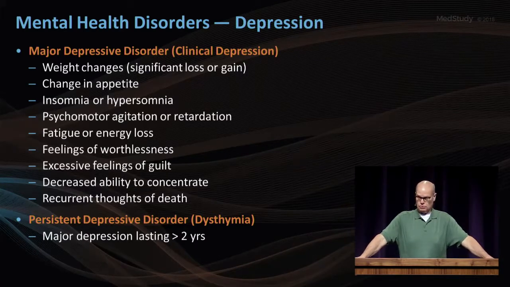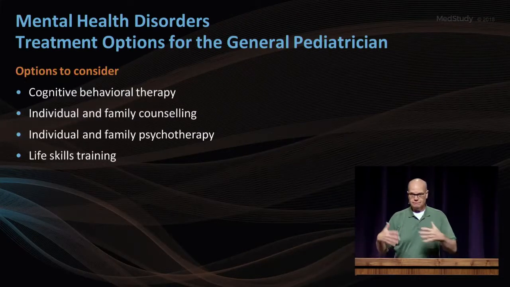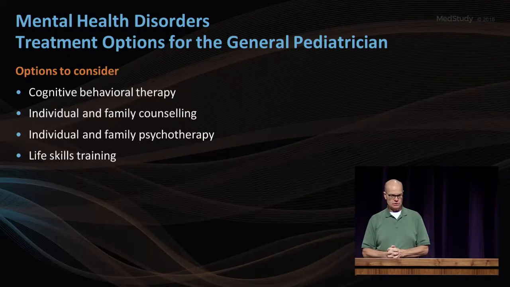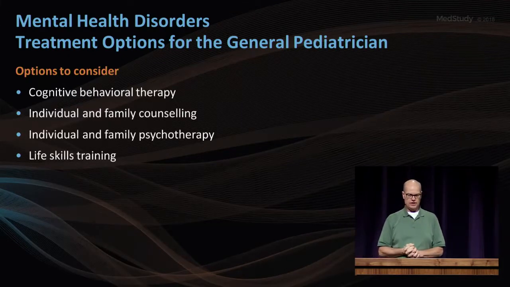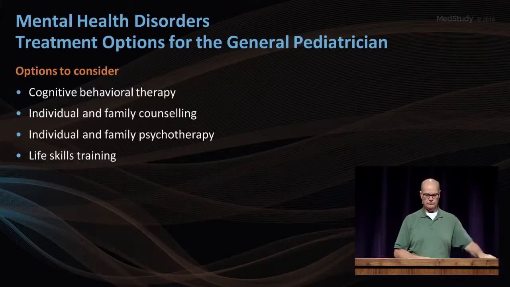Persistent depressive disorder, otherwise known as dysthymia, by definition has to be present for at least 2 years. Treatment options for boards for the general pediatrician. Obviously, therapy, be it individual and family, counseling, psychotherapy, cognitive behavioral therapy, and the like.